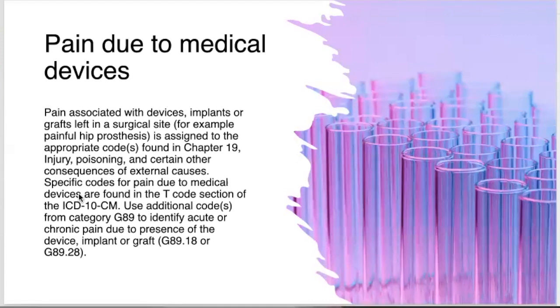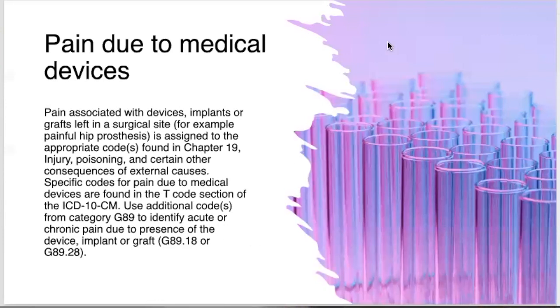Now, specific codes for pain due to medical devices are found in the T code section of the ICD-10-CM. Use additional code from category G89 to identify acute or chronic pain due to presence of the device, implant, or graft.